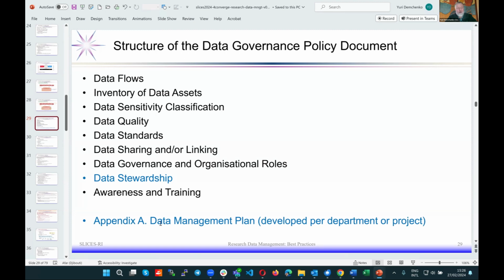But I'm almost sure that the majority of organizations have only a data management plan and not a data governance policy. At least I haven't heard about a data governance policy at the University of Amsterdam, except ethical principles and something like this.